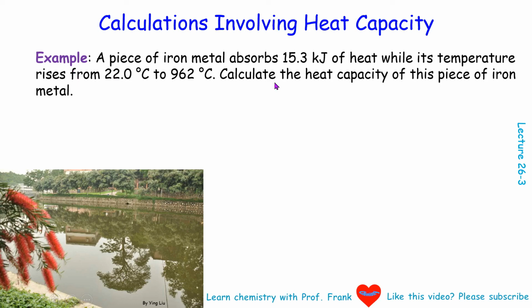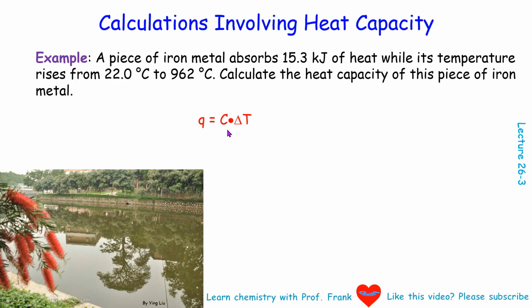A piece of iron metal absorbs 15.3 kilojoules of heat while its temperature rises from 22 to 962 degrees Celsius. Calculate the heat capacity of this piece of iron metal. Recall the key equation.